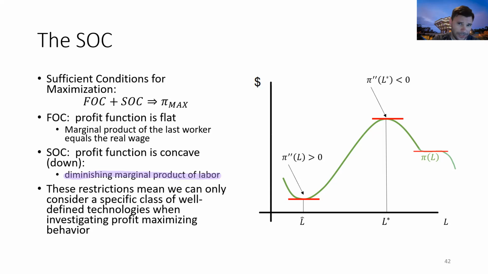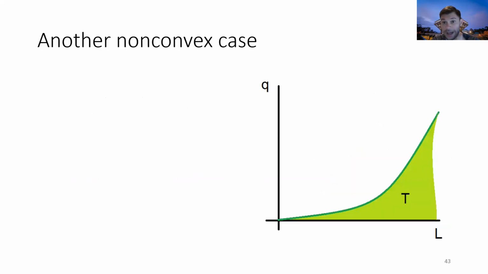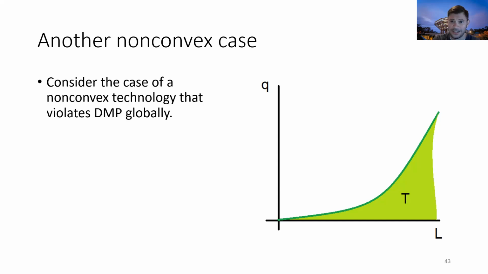So we don't want to really deal with situations where the optimal solution has the firm producing nothing, or where the optimal solution has the firm trying to produce an infinite amount. And I think we might have left off last class looking at a case where the second order condition is violated. Here's a situation where diminishing marginal product is violated globally.